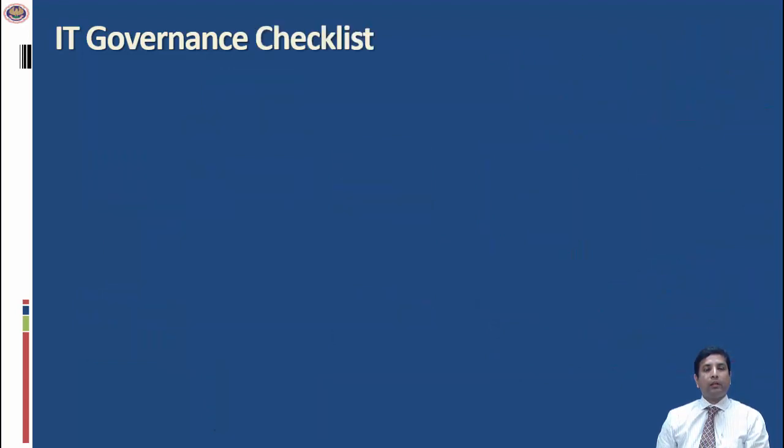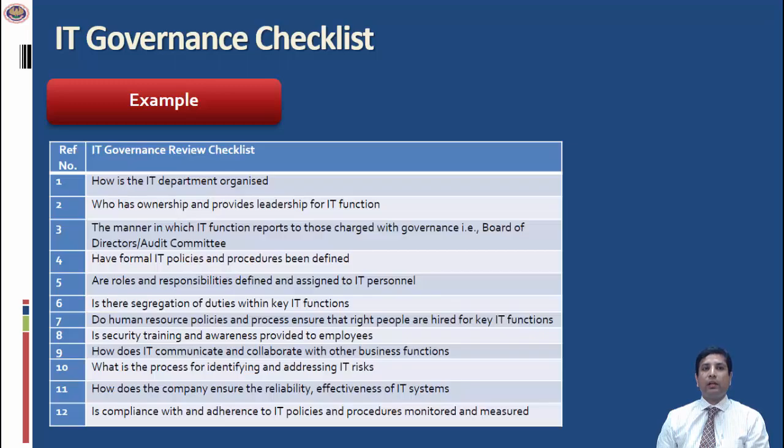Now let us look at a sample of how to audit or how to evaluate the IT governance. Let us say it is a checklist, and this is one example that we will go through. So these are some of the questions or a checklist that we can use to perform evaluation of the IT governance within a company which is typically using ERP systems.